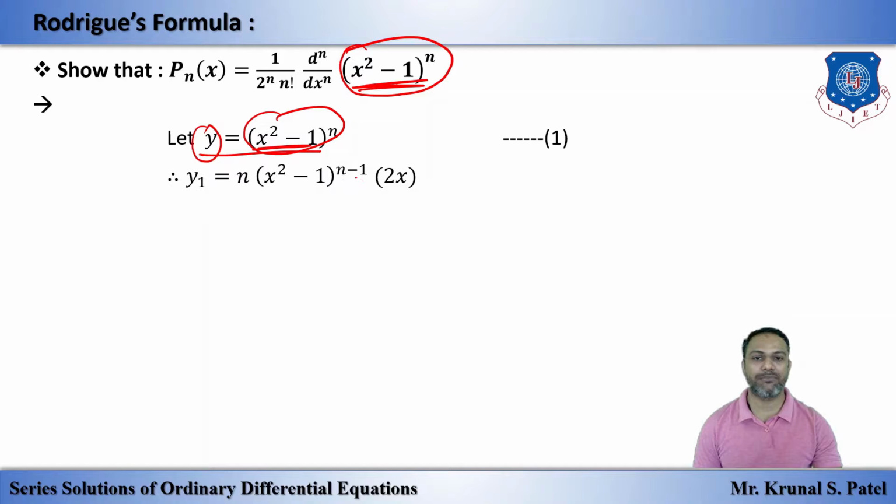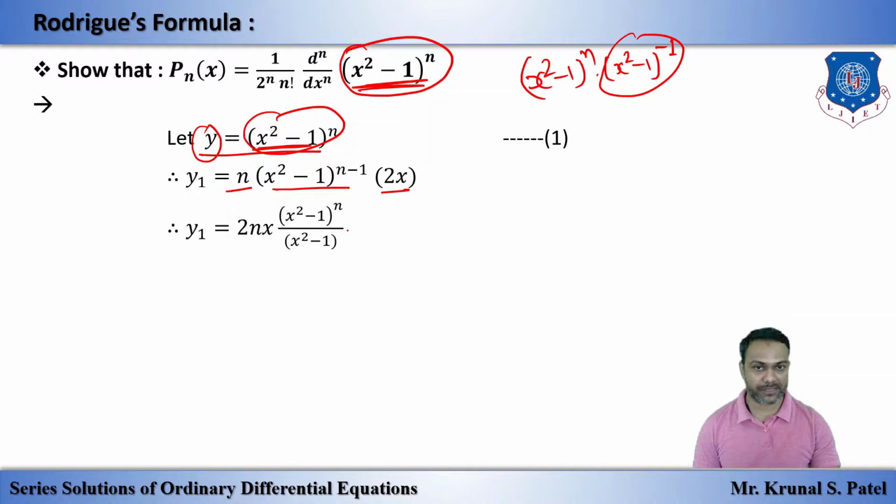Now we can simplify by taking these two terms together, so we have 2nx. We can write this as (x square minus 1) raised to n into (x square minus 1) raised to minus 1, meaning addition of powers, so n minus 1. This goes to the denominator.